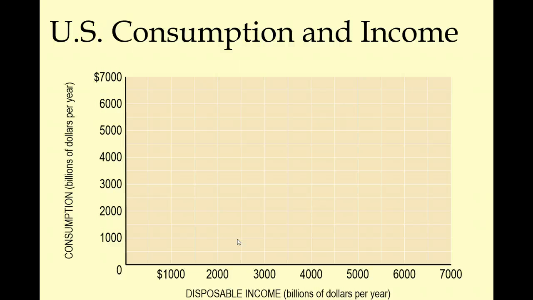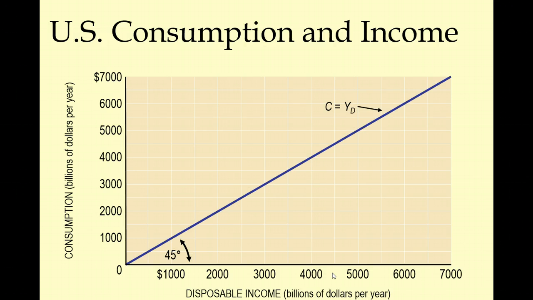So here, this is a simple graph that's going to track your spending on the vertical axis and your income on the horizontal axis. And what I'm going to do first is establish a line of reference. This 45-degree line simply shows when income equals spending.